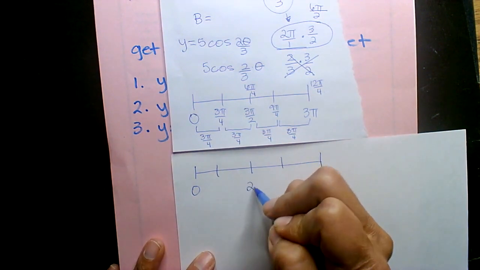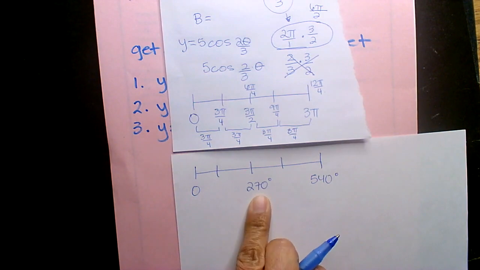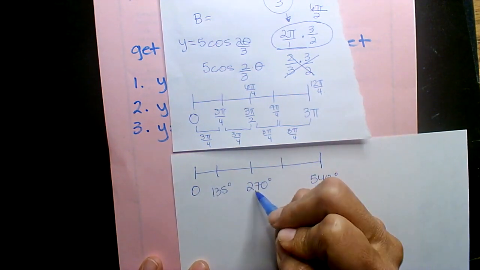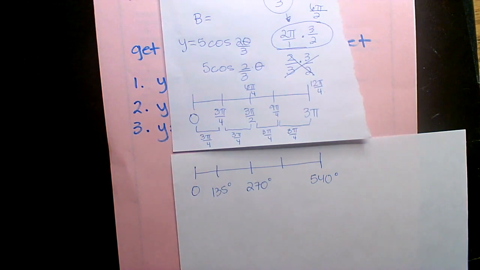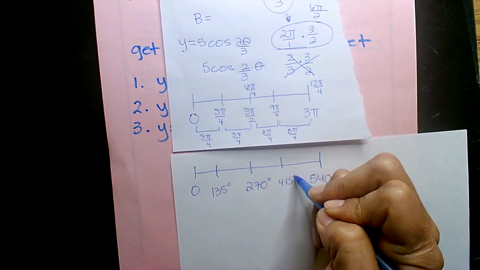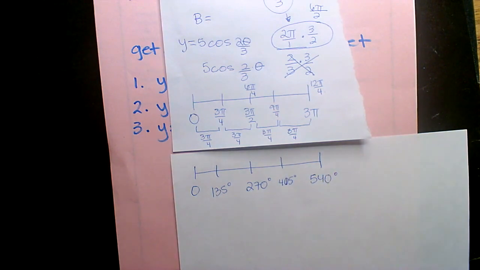What's half of 270? 135. And then what's 270 plus 135? 405.